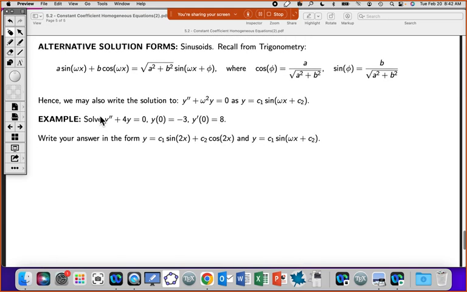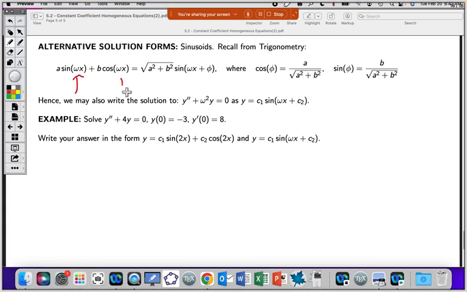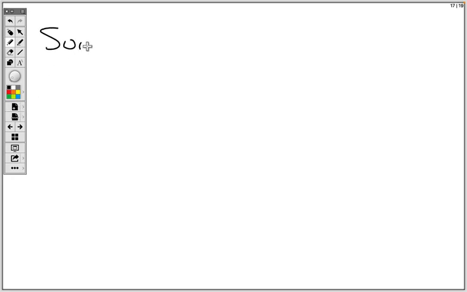All right. Since we've moved into these non-real roots and we're getting oscillations, there are alternative ways to write solutions if you've got sines and cosines of the same frequency. So we've got this little thing from trigonometry here. So you may recall the sum and difference formula.